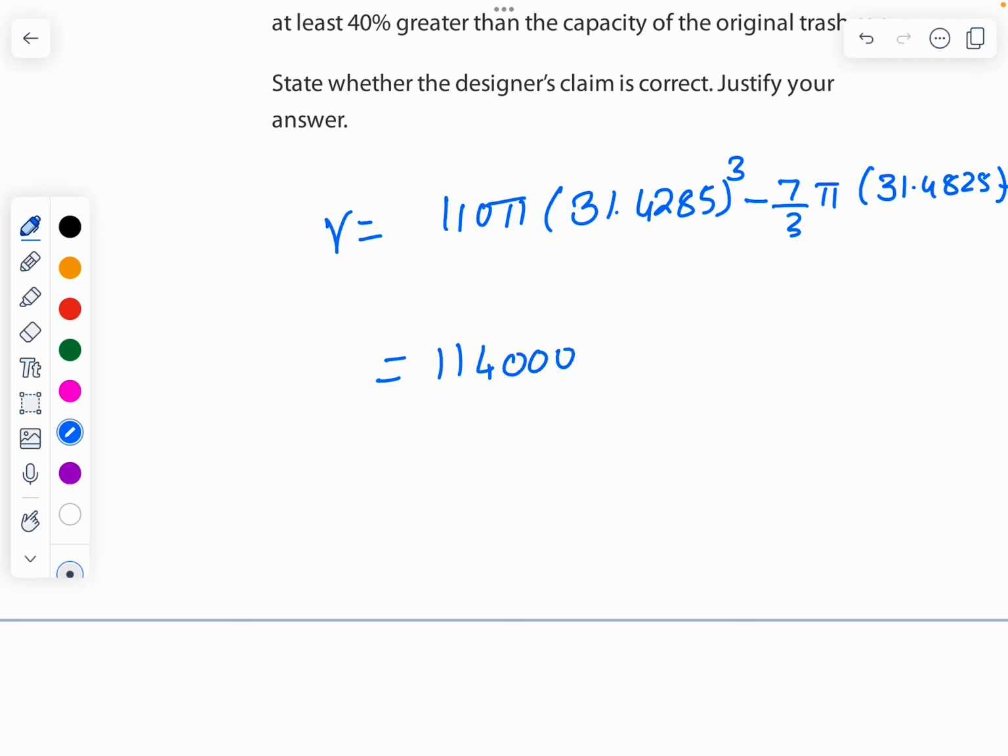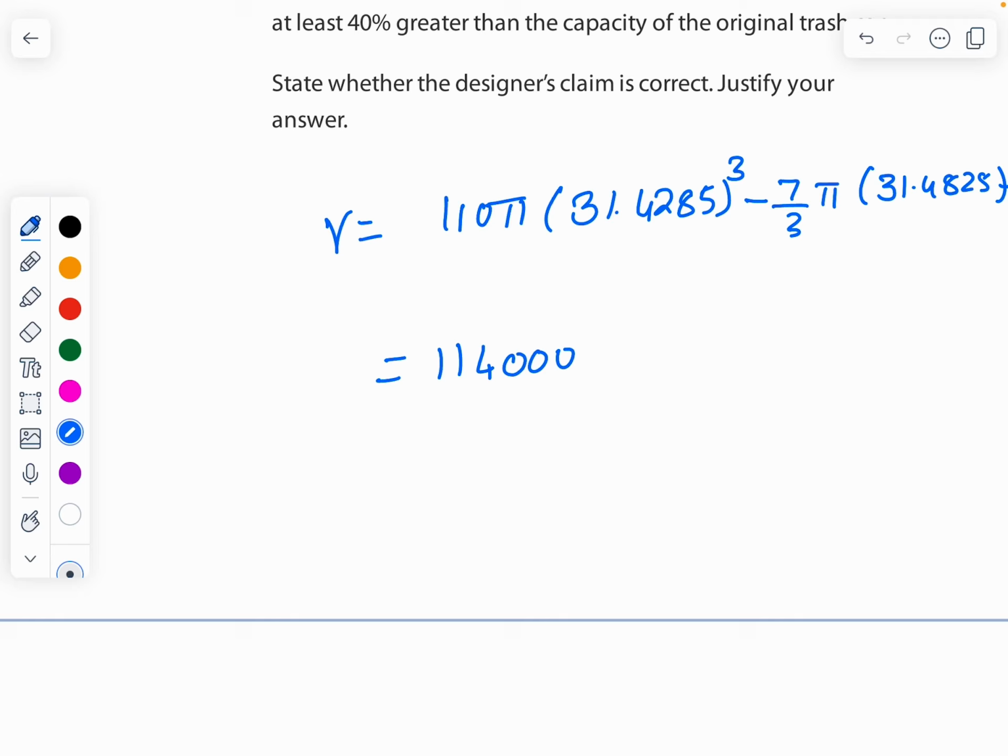That's going to be the answer. So he is asking, the designer claims that the new trash can has a capacity that is at least 40% greater than the capacity of the original trash can. State whether the designer's claim is correct and justify your answer. First of all, I found the volume by using the formula 110 pi r squared minus 7 by 3 pi r cubed, and I got that answer as 114,000.